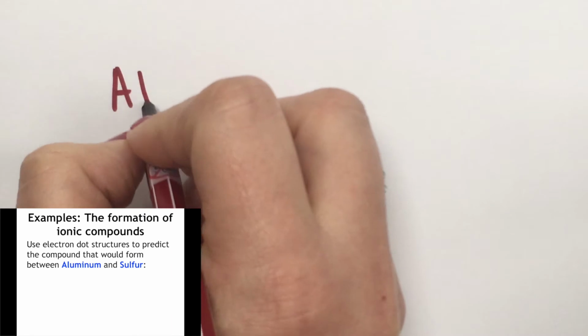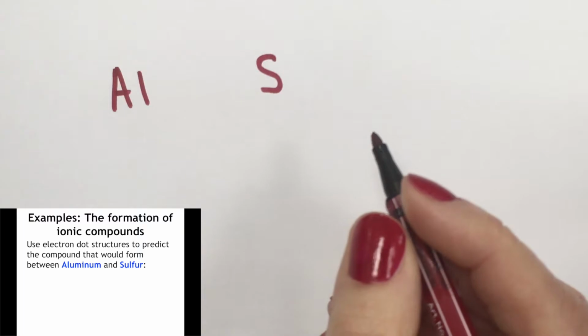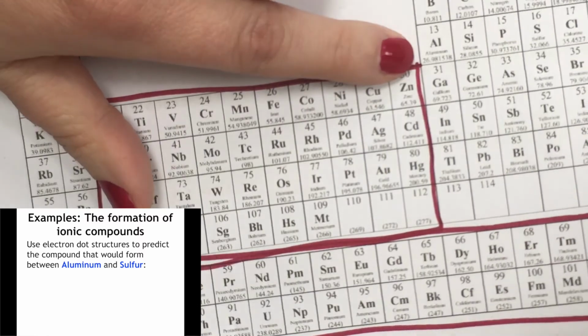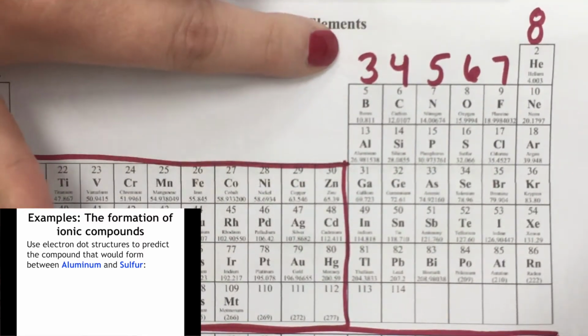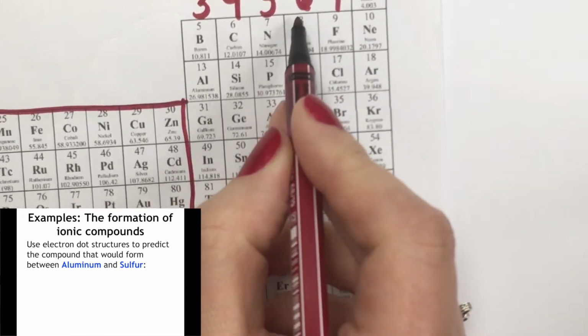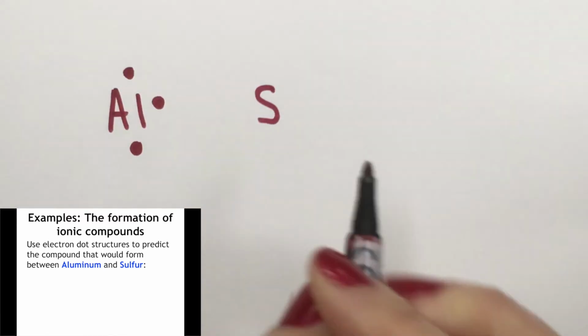All right, so let's do, I think it's the last example, aluminum and sulfur. So we have aluminum and we have sulfur. We have to look at the periodic table and find out how many valence electrons aluminum has. So aluminum is here, so it has 3 valence electrons. Sulfur has 6 valence electrons.